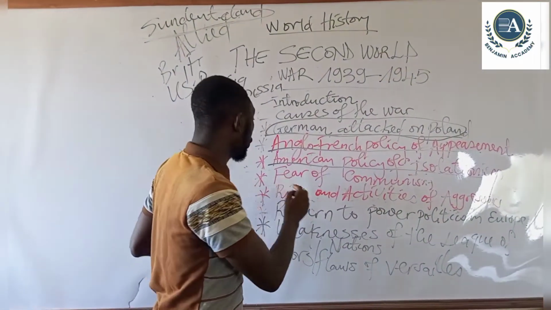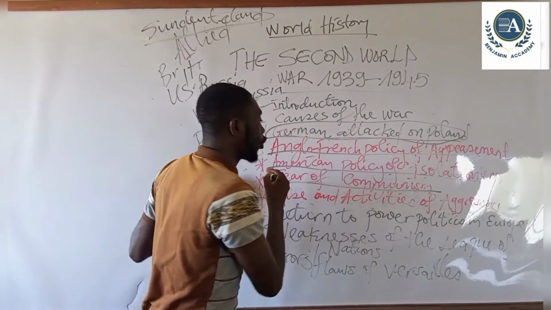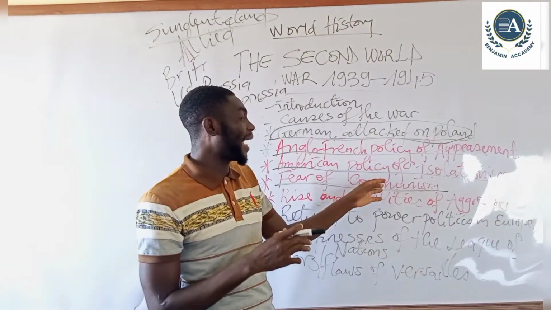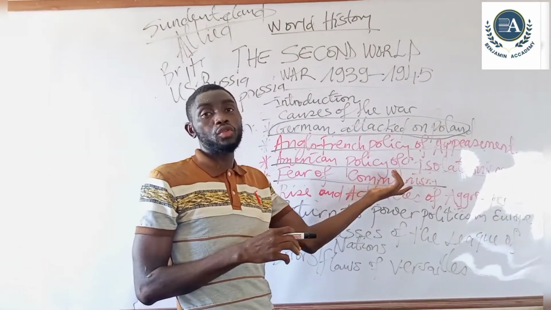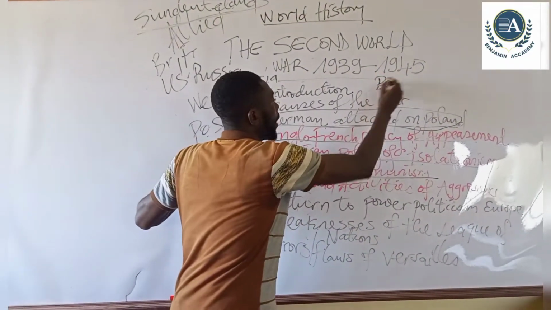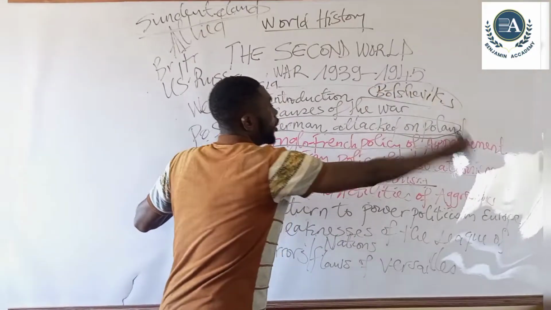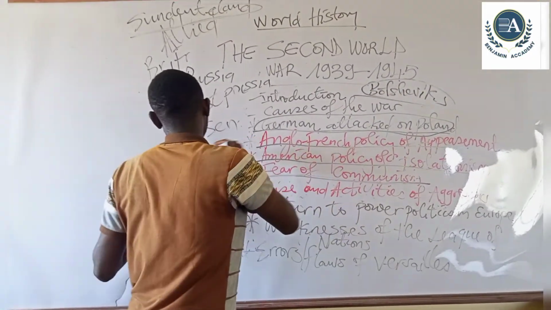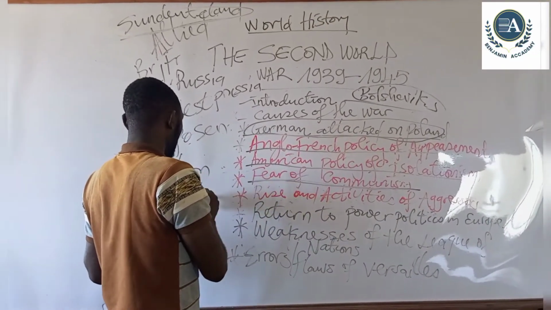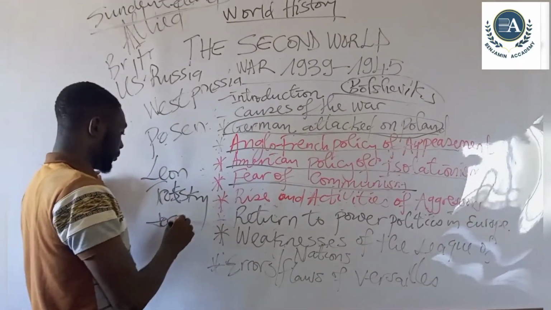We move forward to look at another reason for the outbreak of the Second World War: the fear of communism. What is communism? Communism was an ideology that was introduced in Russia by the Bolsheviks. When we talk about the Bolsheviks, they were Leon Trotsky and Vladimir Lenin.